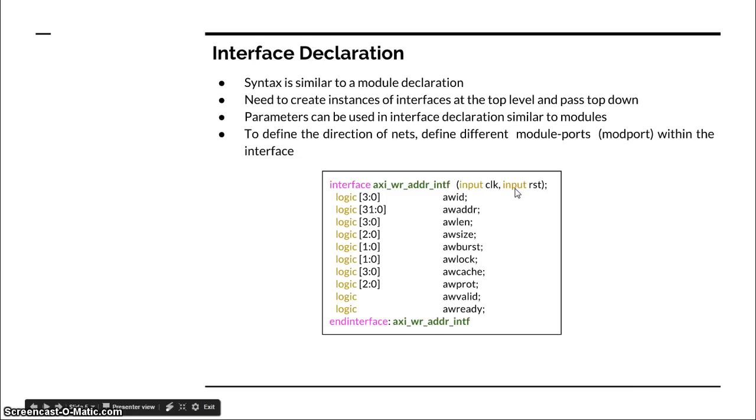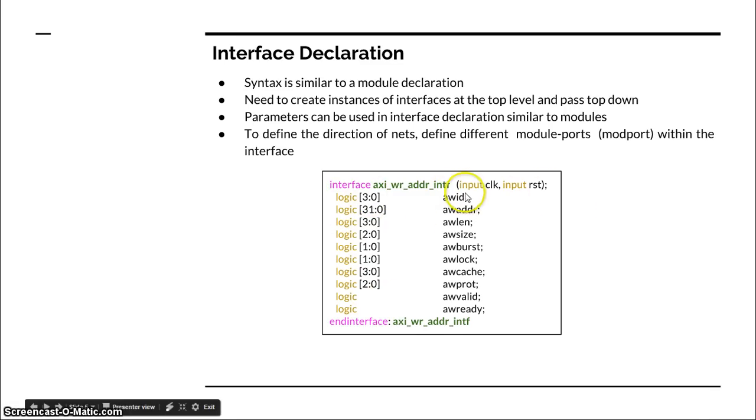Typically in every interface definition, you will pass the clock and reset signals as inputs to the interface. Next, you can see the signals defined in an AXI write address channel, and with the appropriate dimensions I have defined all the signals as simple logic items.